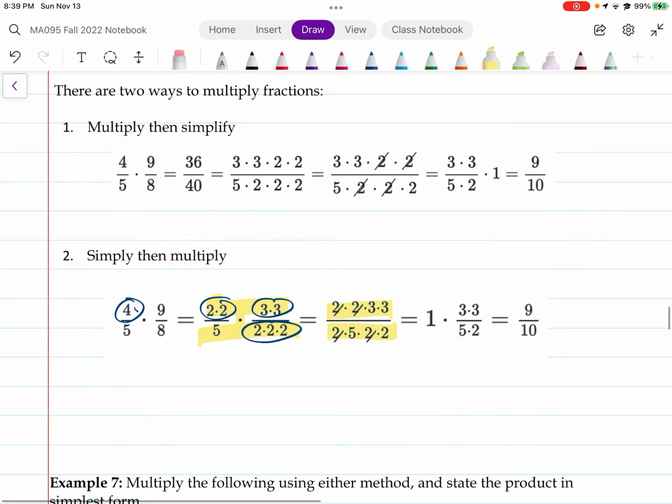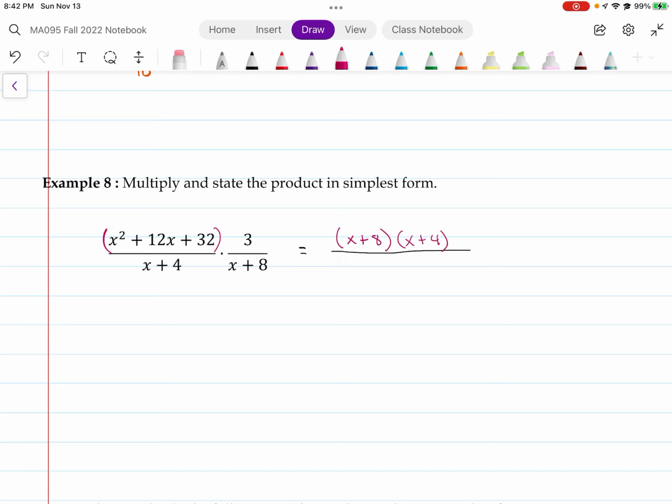All right, so now we're going to do something sort of similar with this. We're just going to factor out the top, anything that factors before we cancel. So on the top, I'm going to work with this one first. So I've got x plus 8 and x plus 4. And you can check that if you want. And then times 3.